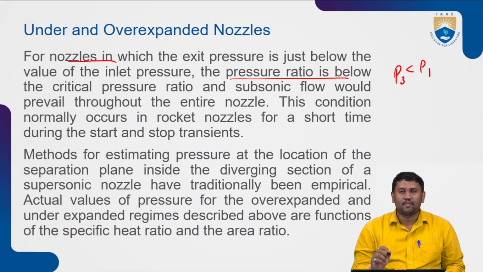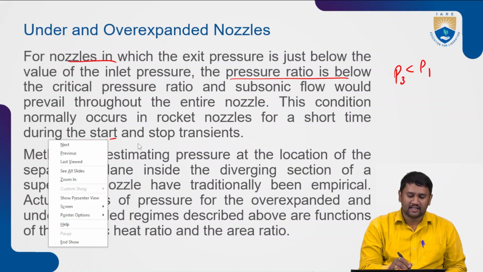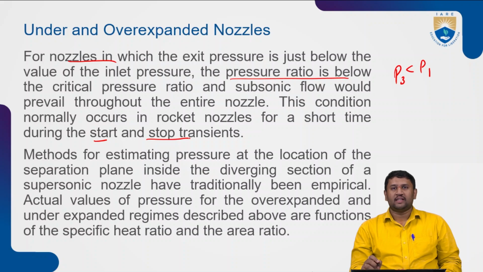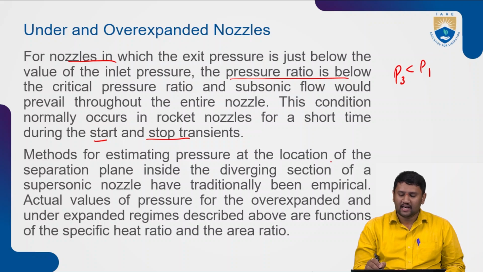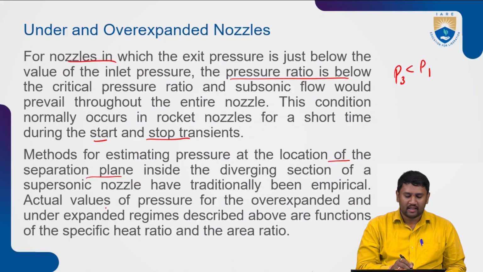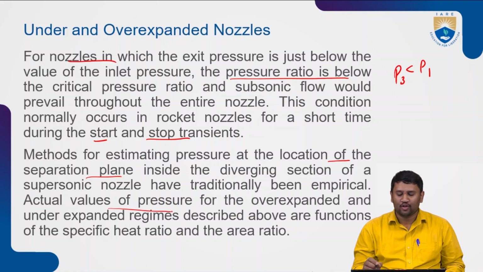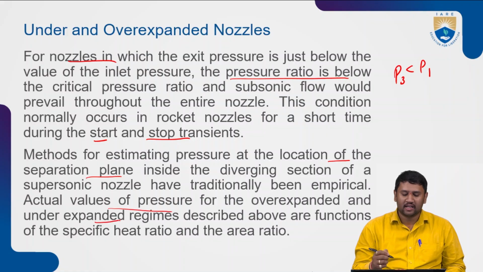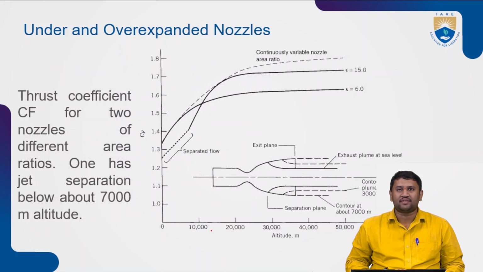This condition normally occurs in rocket nozzles for a short time during start as well as stop. The methods for estimating the pressures at the location of the separation plane inside the diverging section of a supersonic nozzle have traditionally been empirical. The actual values of the pressures of the overexpanded as well as underexpanded regimes described are functions of the specific heat ratios as well as the area ratios.